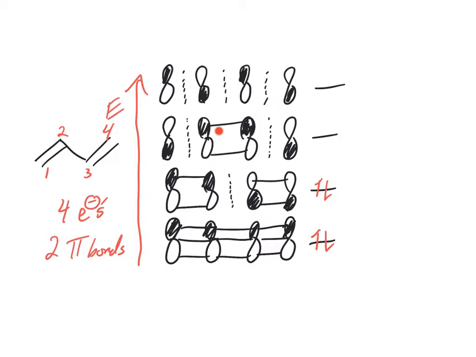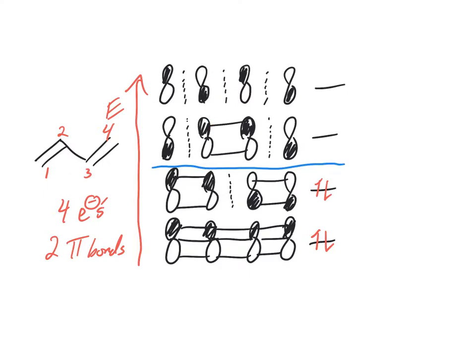But now if we go up one more level, all of a sudden we have a node, a bonding interaction, and then another node. So can't share electrons, can share electrons, can't share electrons. Now we have 2 nodes and 1 bonding interaction. Overall, this is an anti-bonding interaction. So a lot of times we'll draw a demarcation line between bonding molecular orbitals versus anti-bonding molecular orbitals.